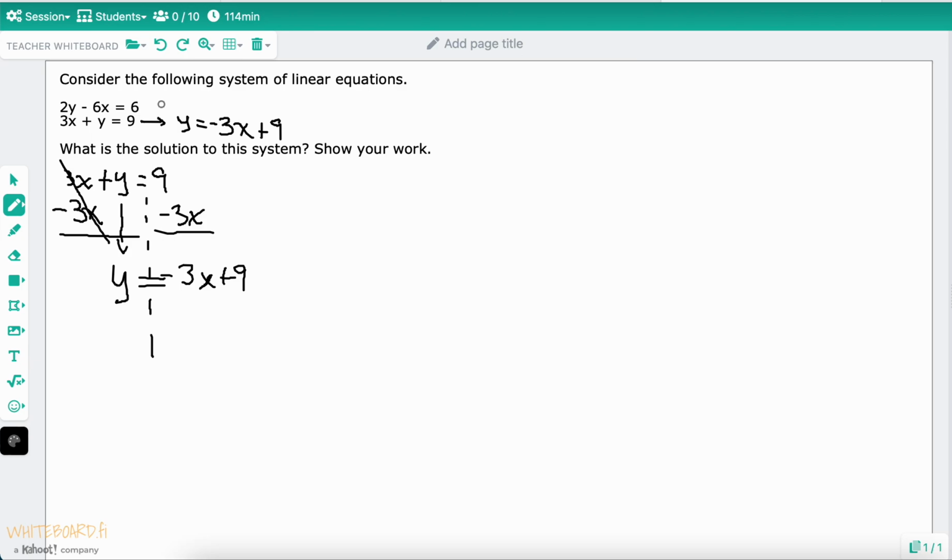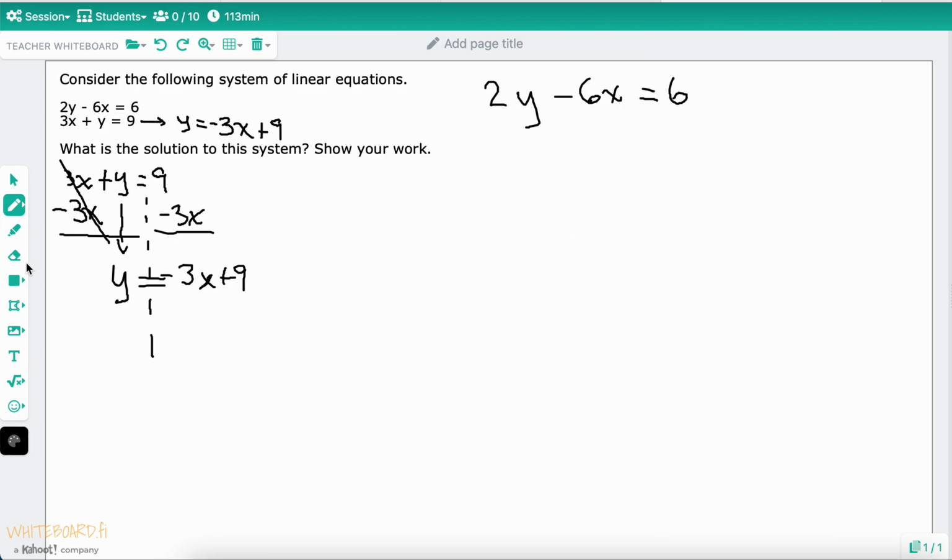So I'm going to take the first equation and use that: 2y minus 6x equals 6. The only way that you can have a solution is if x and y match for both equations. So that's why I'm allowed to substitute here the way that I'm about to.